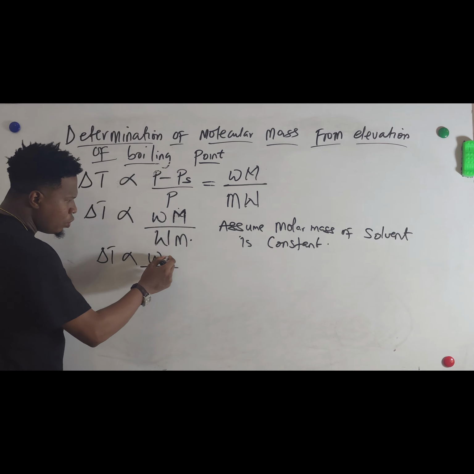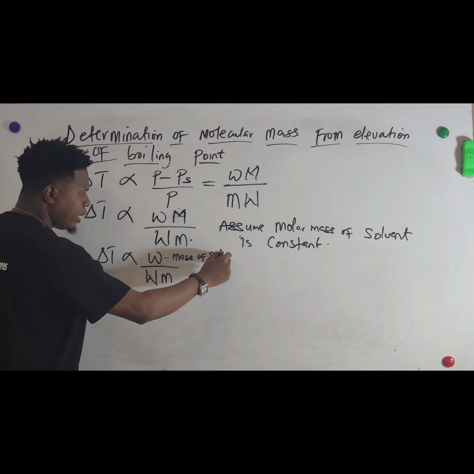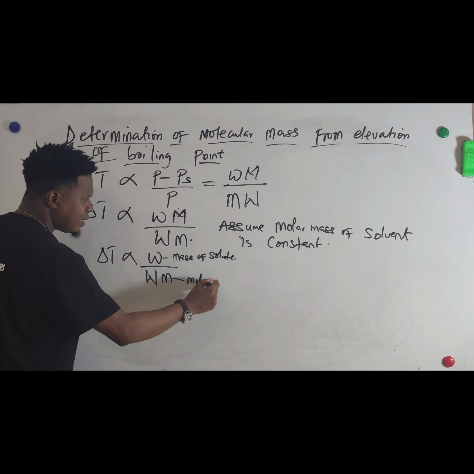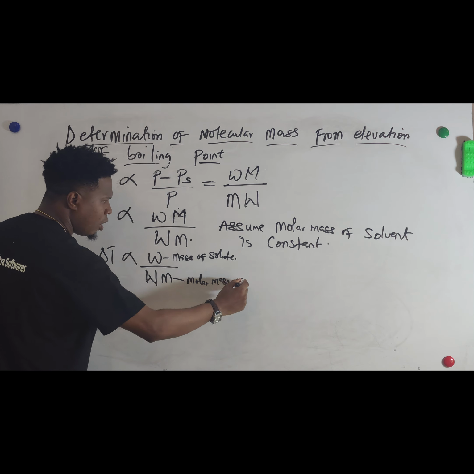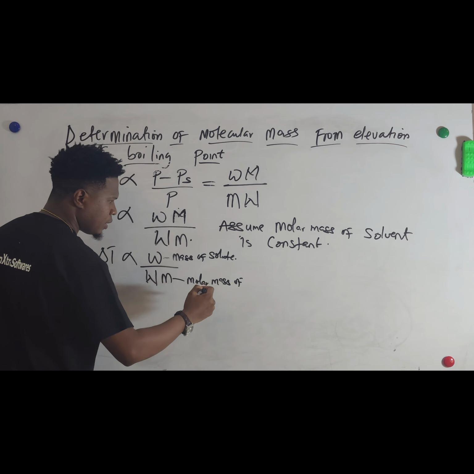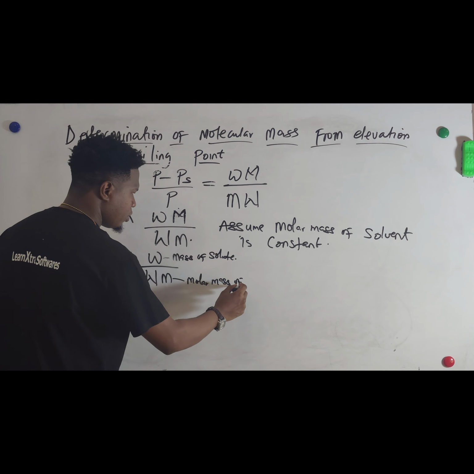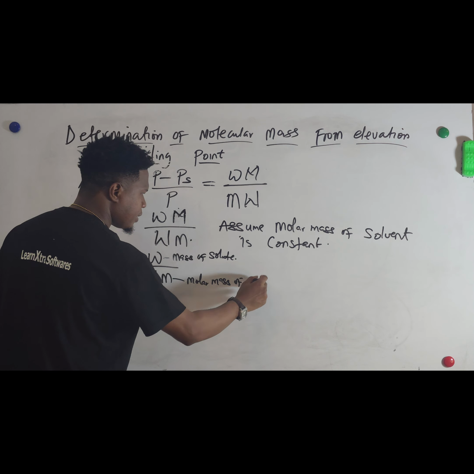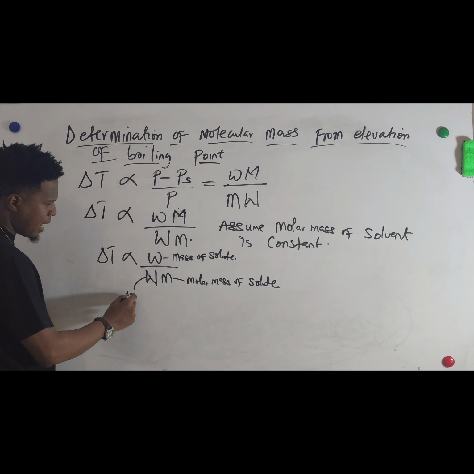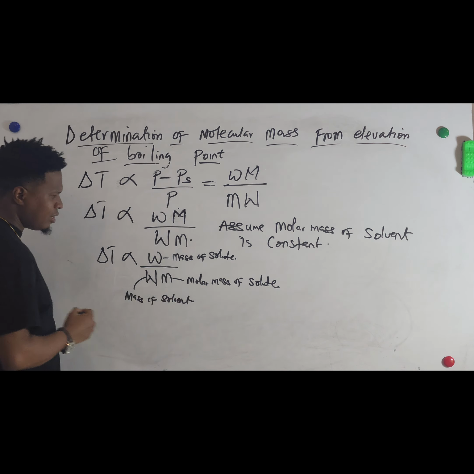Remember, W is the mass of solute, small m stands for molar mass of solute, while capital W stands for mass of solvent. So what does this thing look like to you?